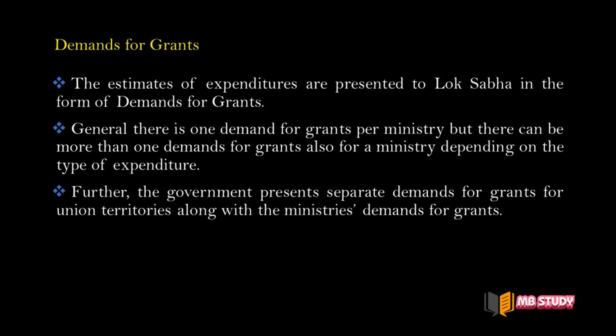Generally, there is one demand for grants per ministry, but there can be more than one demand for grants for a ministry depending on the type of expenditure. Further, the government presents separate demands for grants for union territories, along with the ministry's demands for grants.